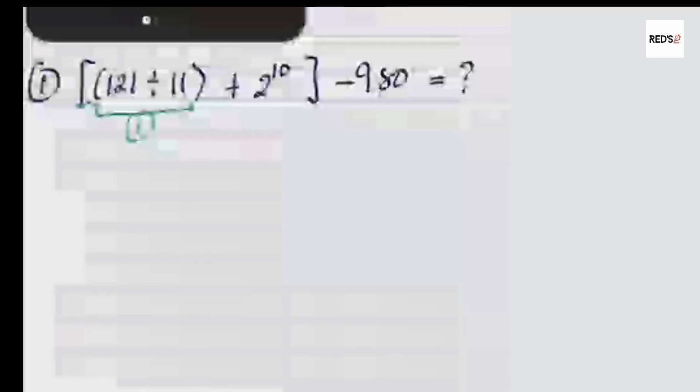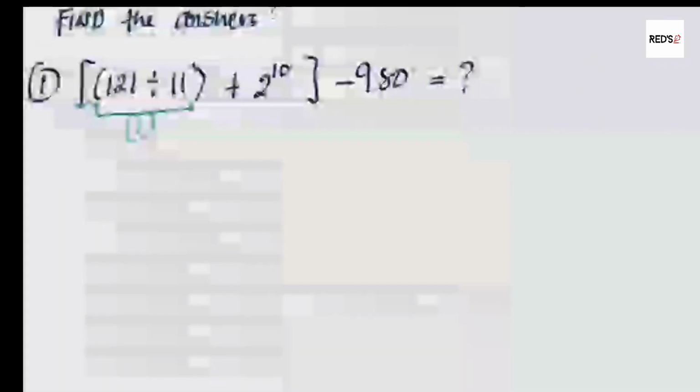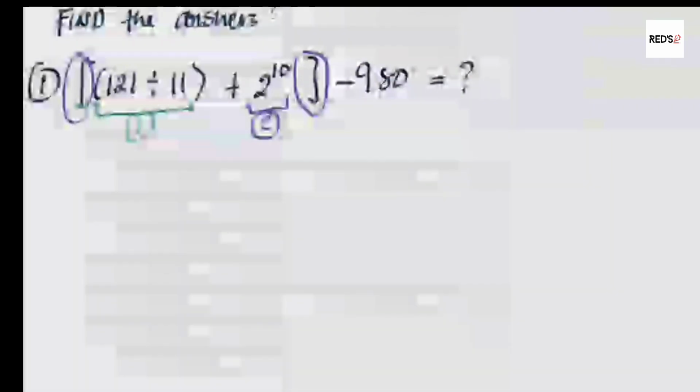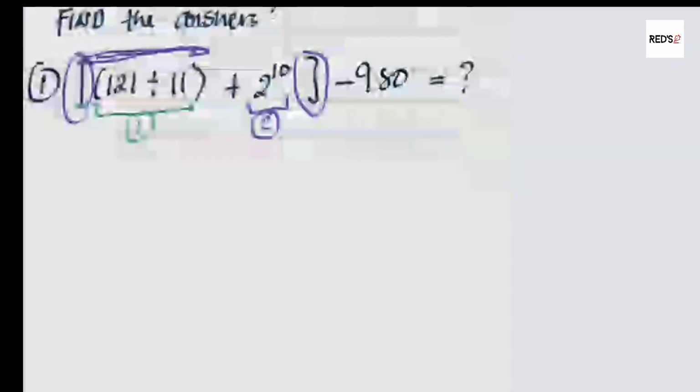And then exponent should come next, right? Exponents. Do you see any exponents there? Yes, of course we have. So this should be your second step. And then within these symbols, do we have multiplication and division? Yes, it's already here.